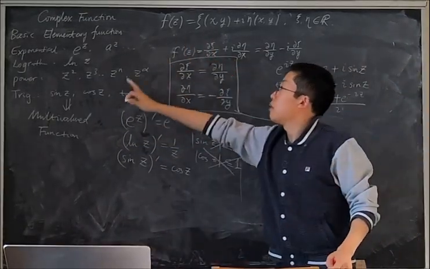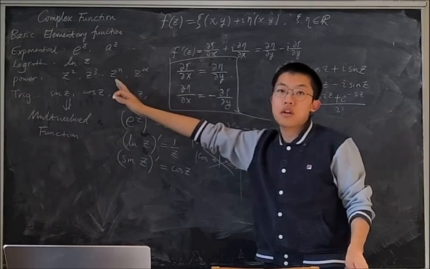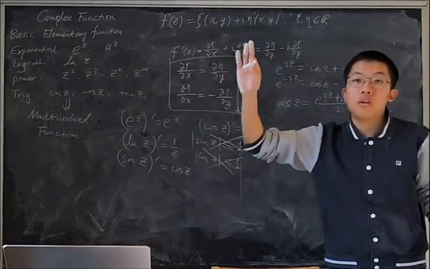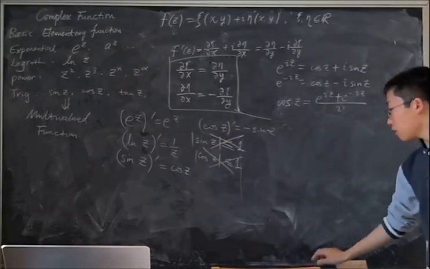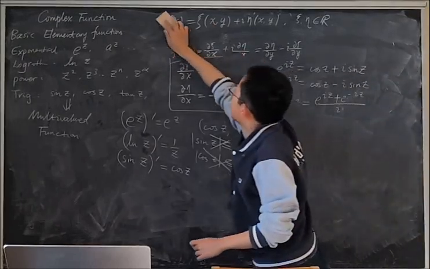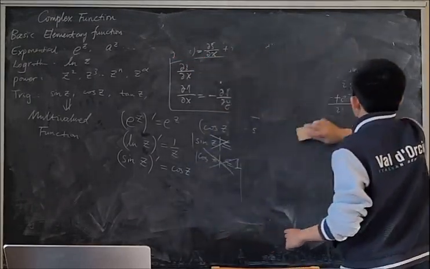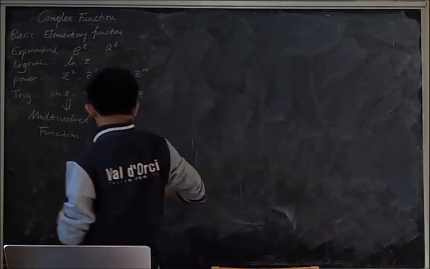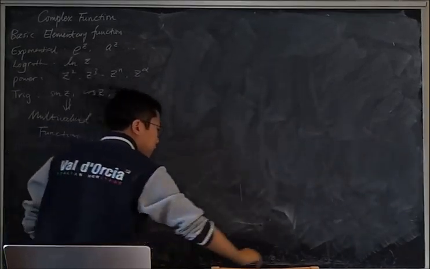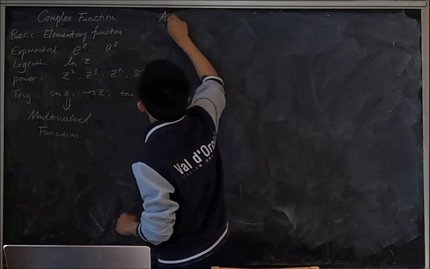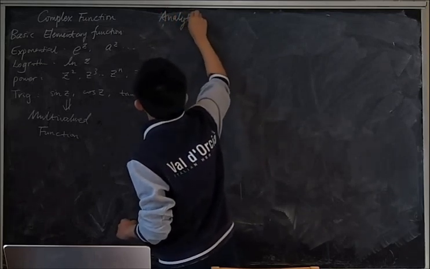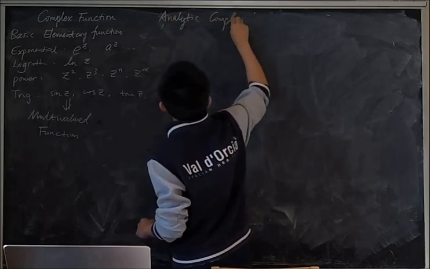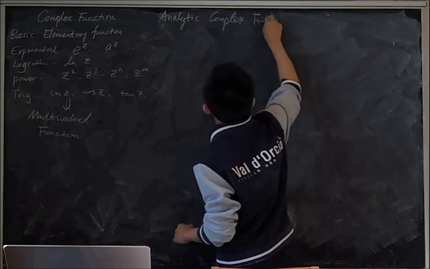Okay, so all these basic elementary functions actually have derivatives. And in this case, we are going to proceed to the next part, where we define something like an analytic complex function.